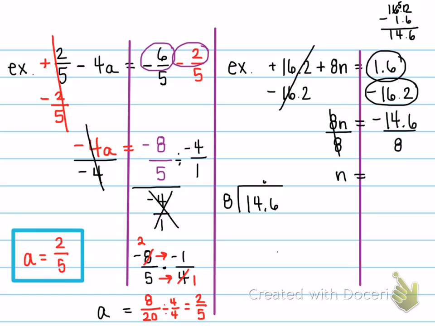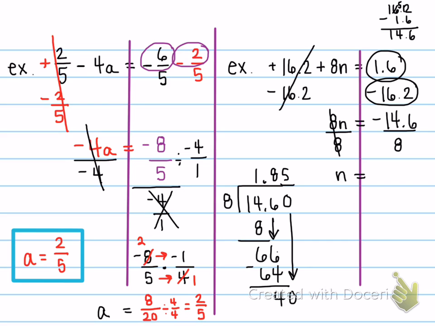8, the decimal goes straight up. 8 goes into 14 one time. That's 8. 14 minus 8 is 6. I bring down the 6, and that is 8. That's 64. Subtract, I get 4. I add a 0, bring that down, and that is 40, and I have 5.